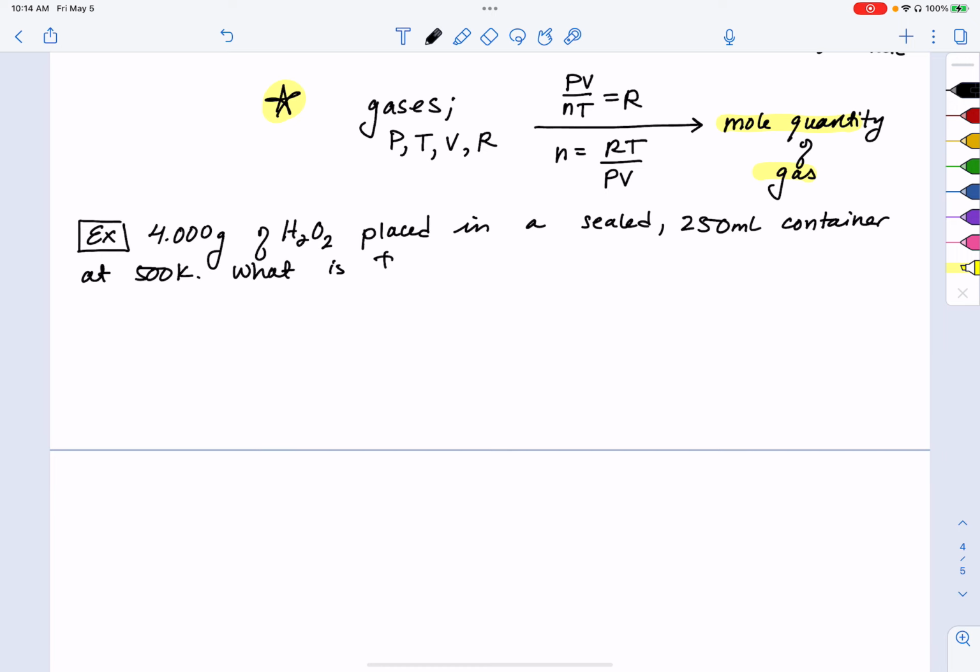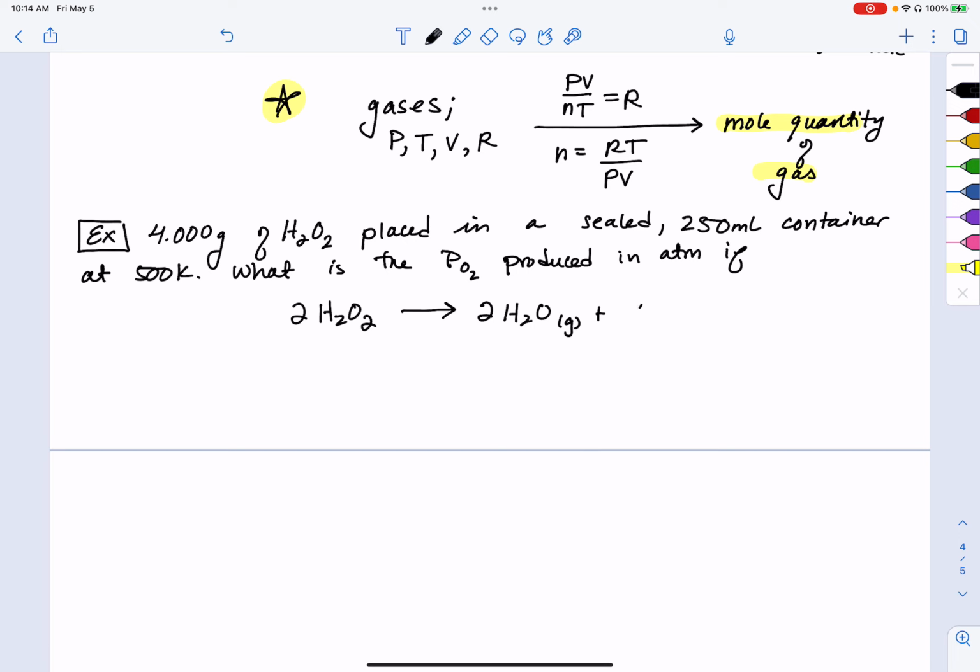What is the pressure of oxygen gas produced in atmospheres if we know that for every 2 moles of H2O2 decomposed, we create 2 moles of H2O gas and 1 mole of oxygen gas?